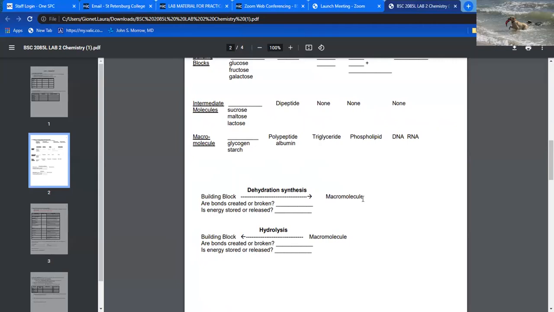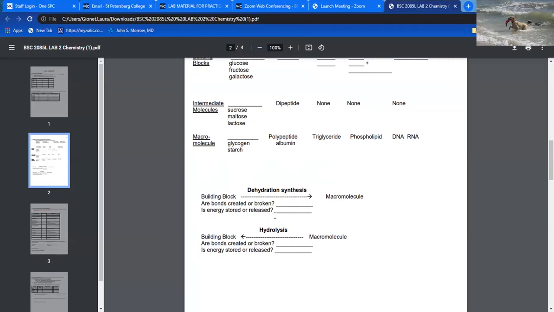Remember, in chemistry, the arrow, written out in some kind of chemical formula, always points to the product. So the things at the other end of the arrow would be the constituents of the product. So we may have multiple building blocks that come together to form a macromolecule. That kind of reaction, where you start with something small and end up with something larger because you're putting them together in lengths.